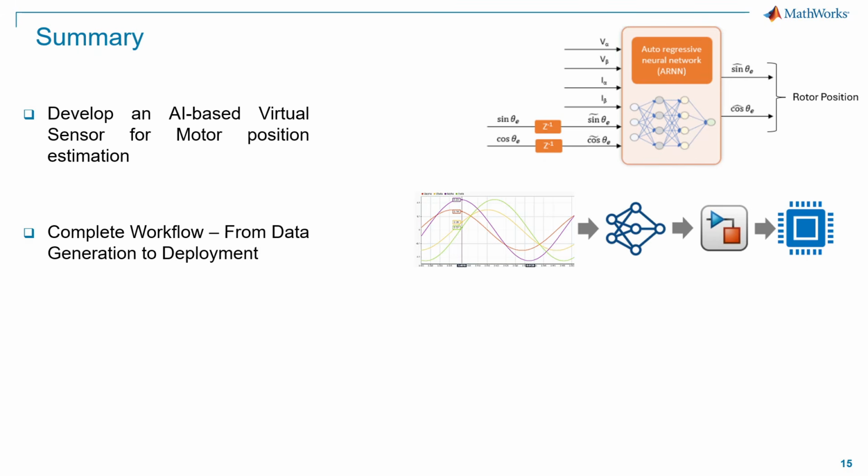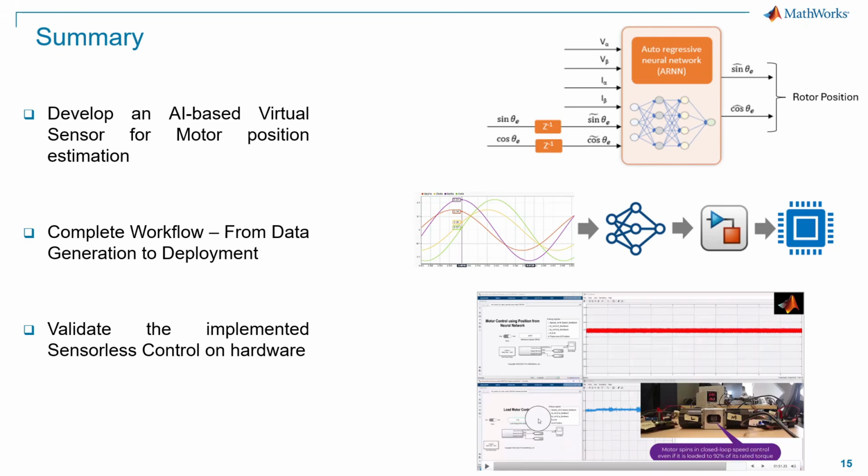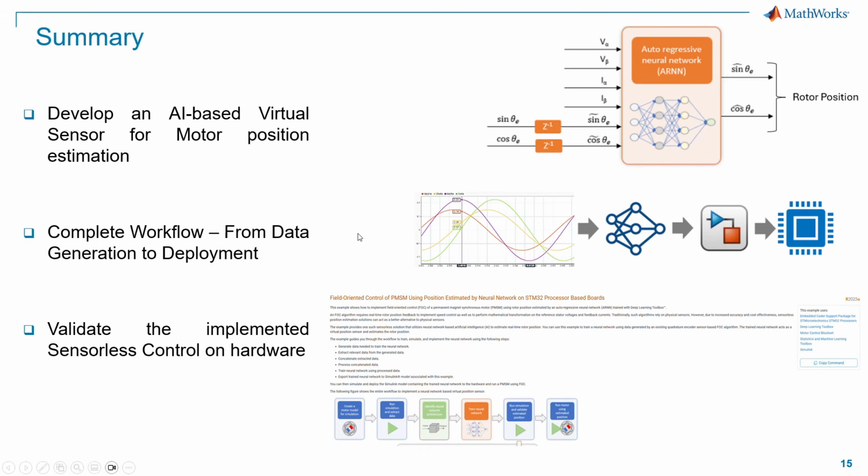We did this on a TI C2000 microcontroller in this video, but if you wanted to try it out on an STM32 microcontroller, the reference example is available for that as well, making it easy to get to your STM32 microcontrollers. Thus, with these reference examples from Motor Control Blockset, you now have a structured path from data collection to deployment and validation, enabling you to implement AI-driven sensorless control for your motor control applications.